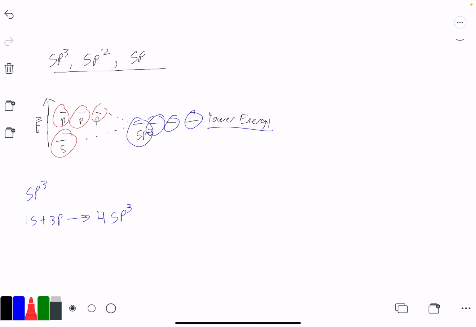For sp2, you have 1 s plus 2 p's give you 3 sp2s. But notice we're still missing something, right? We are missing a p orbital. So this orbital here remains unchanged, so not hybridized. Okay.